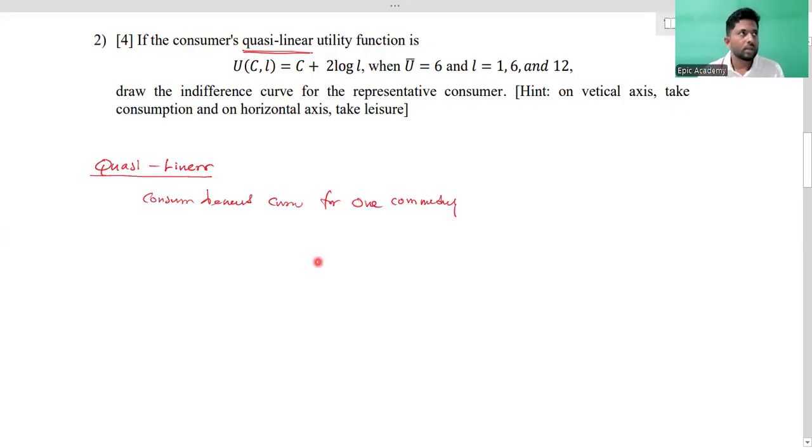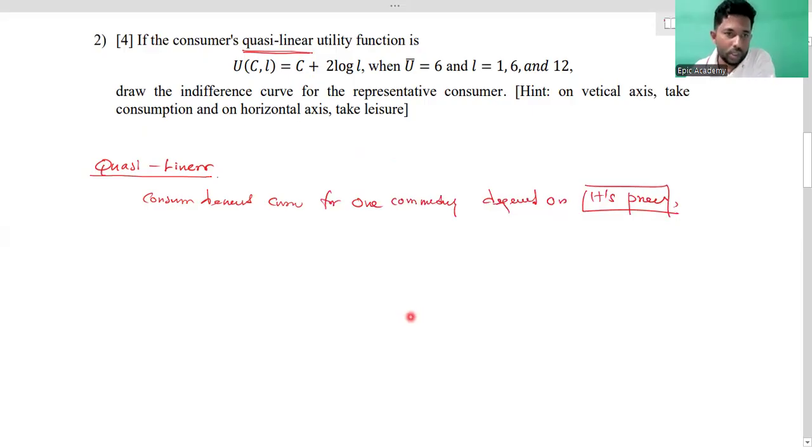consumer demand for one commodity or one good depends on its price. Here it is quasi thinking pattern.